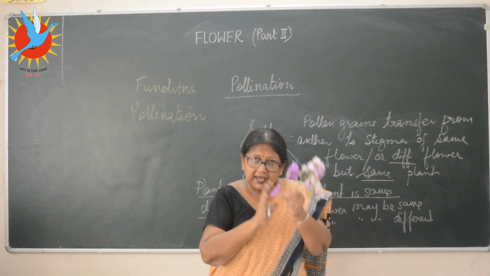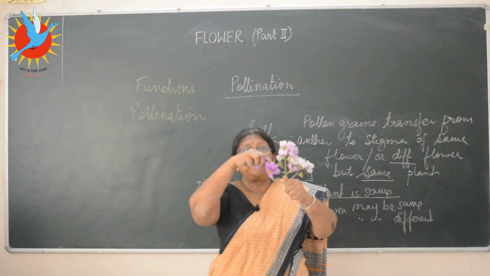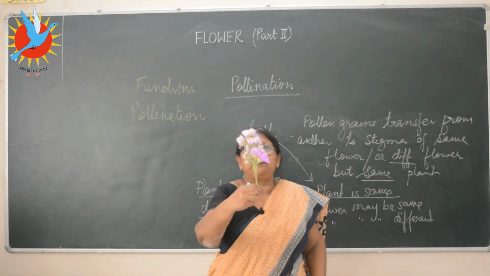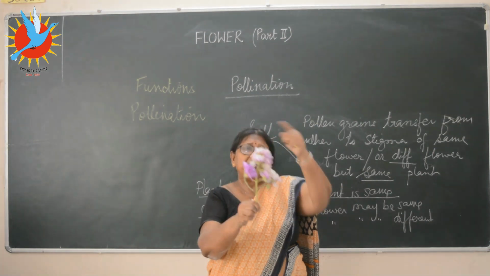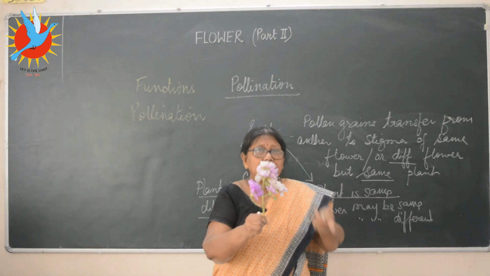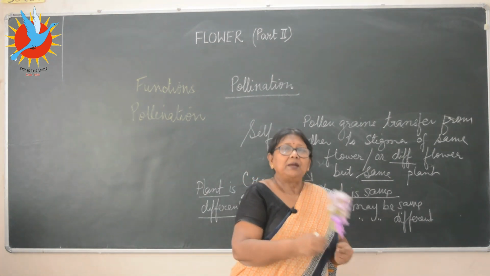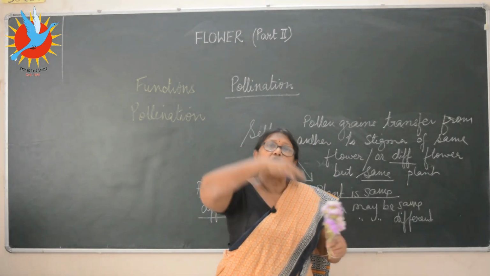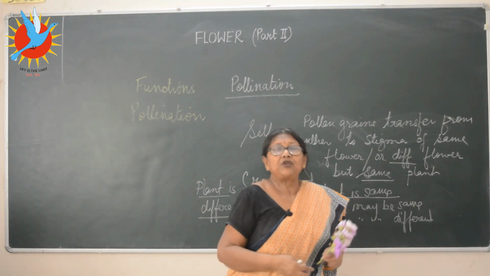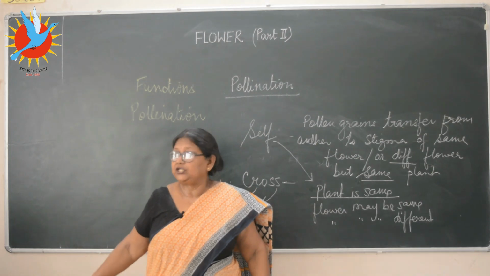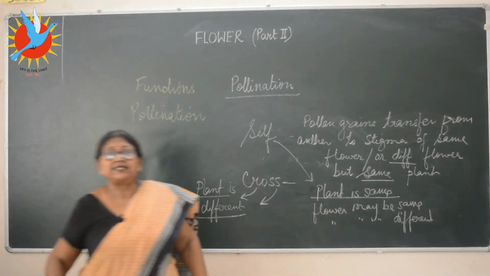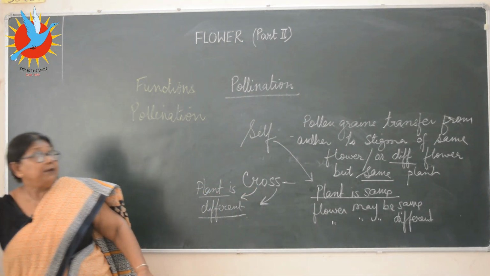Now if it is the same flower or a flower on the same tree, which has so many flowers, it can be in the same or on any other flowers. So this will be self-pollination. But cross means from this plant to another plant when it travels, that's called cross-pollination. Okay, so this is self and cross-pollination.